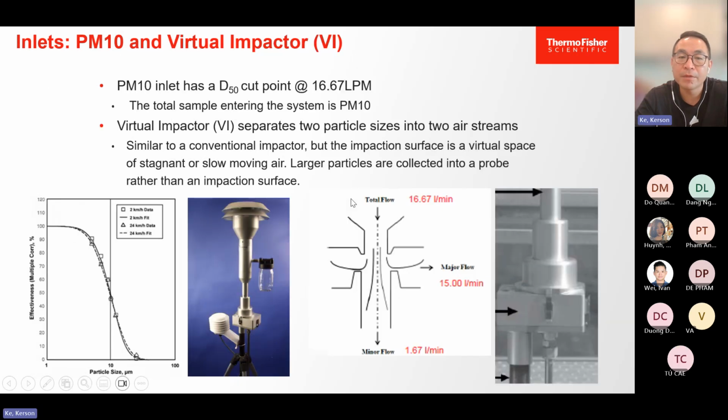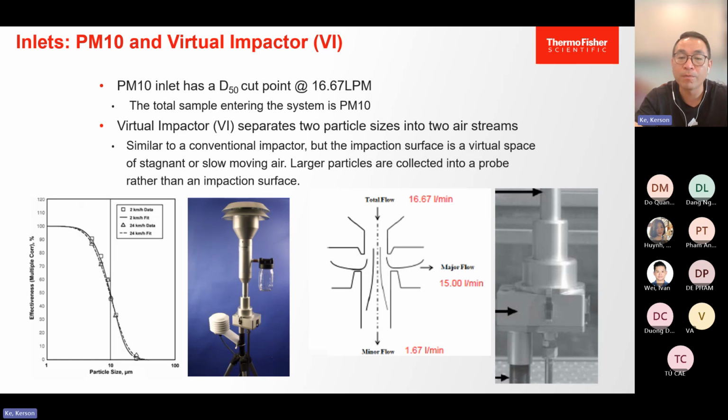The difference compared to the 1405F and DF is they use the same inlet, but the difference is the dichotomous, dual channel system. They use the virtual impactor. The virtual impactor has one inlet, although there are dual channels, and it uses this virtual impactor to separate the two particle sizes into two different air streams.